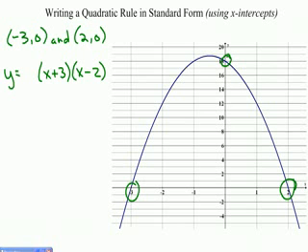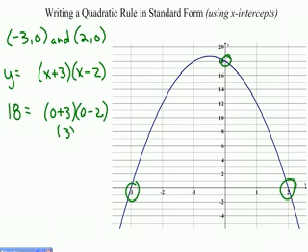If I plug in 0 for x, I should get 18 for y. And if you do that, if you notice something here, this comes out to be negative 6.